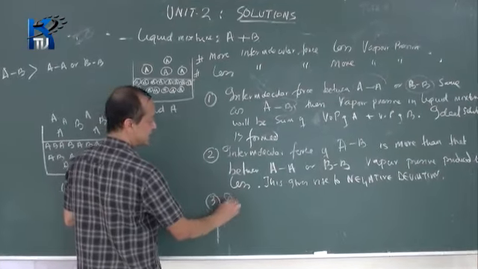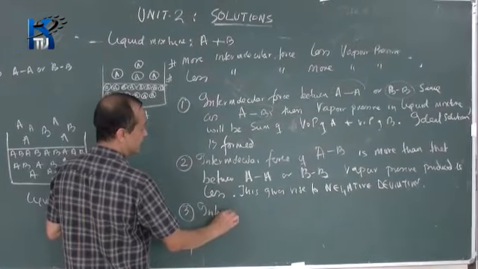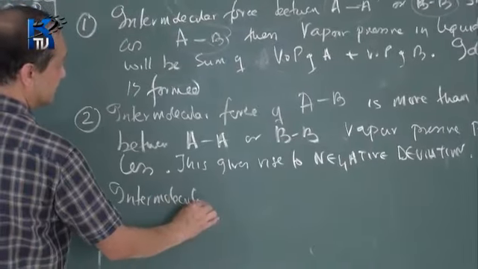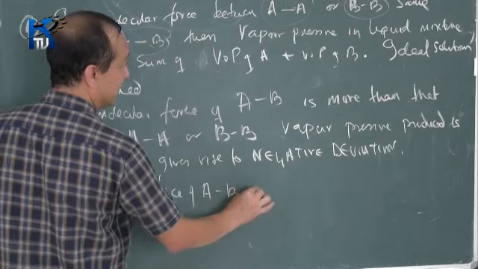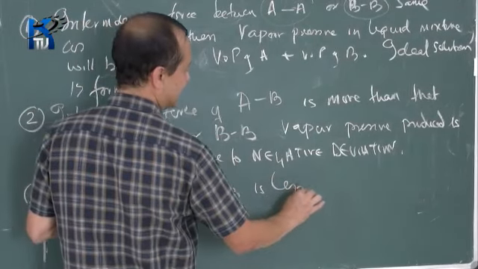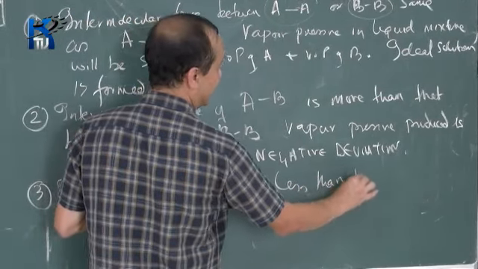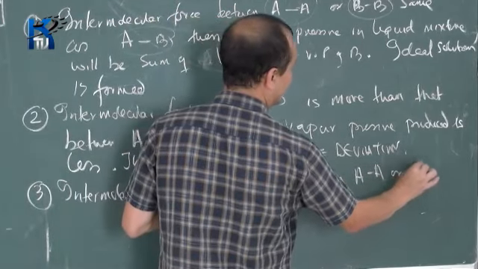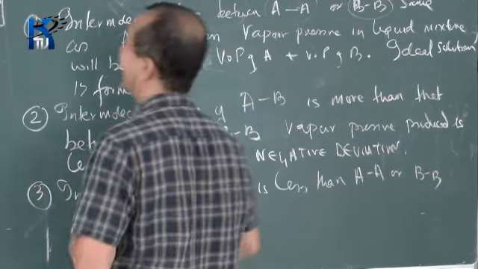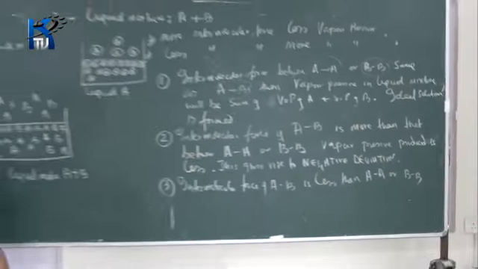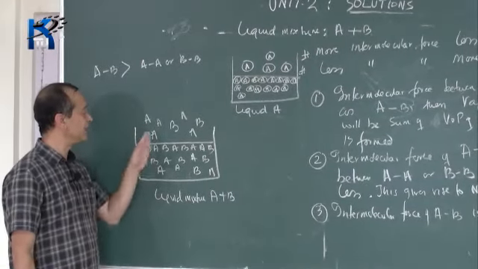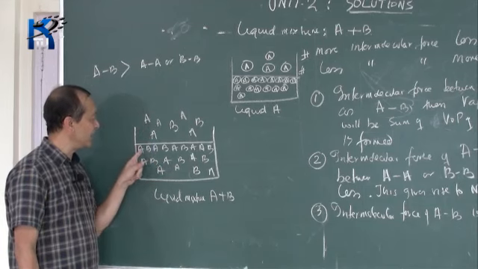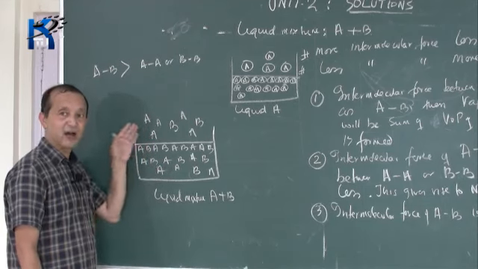The third is: intermolecular force of AB is less than AA or BB. Again come to this particular diagram.